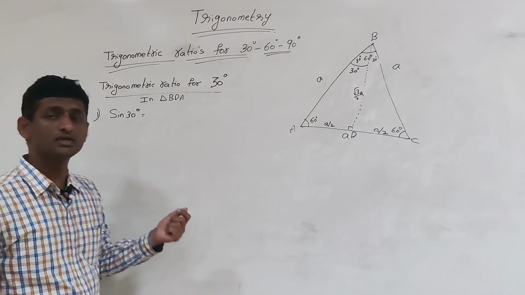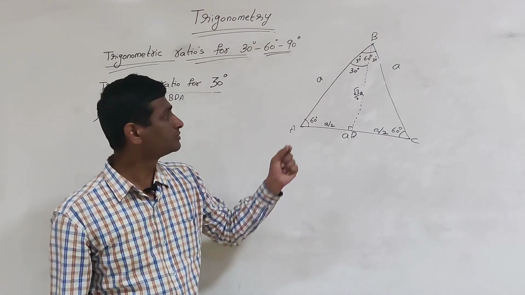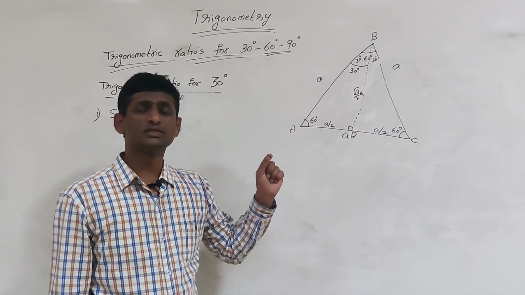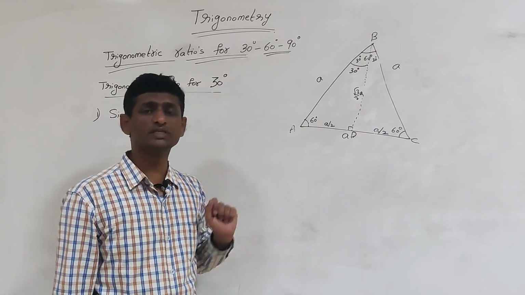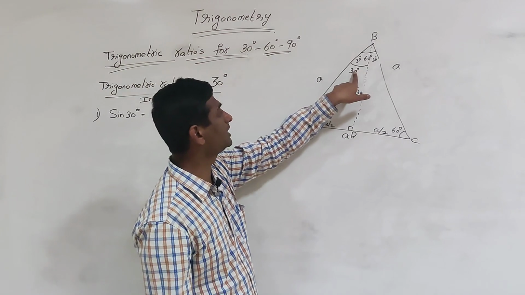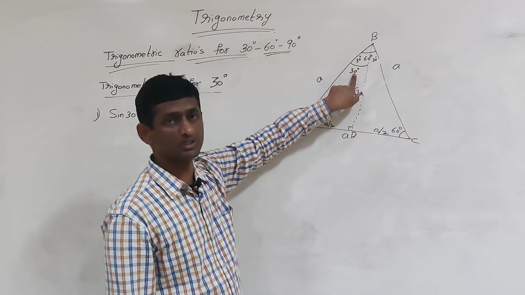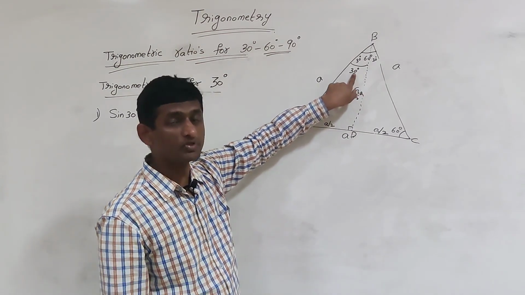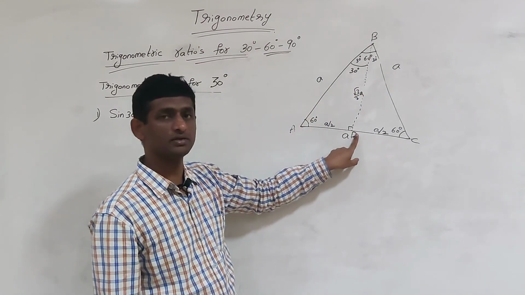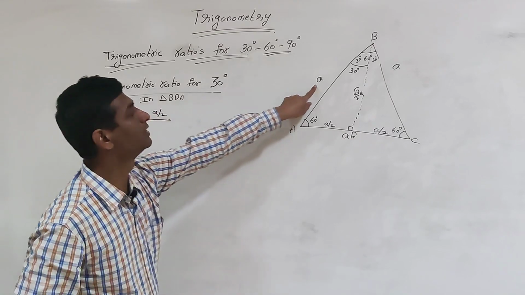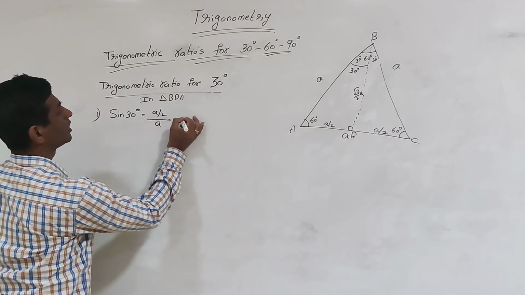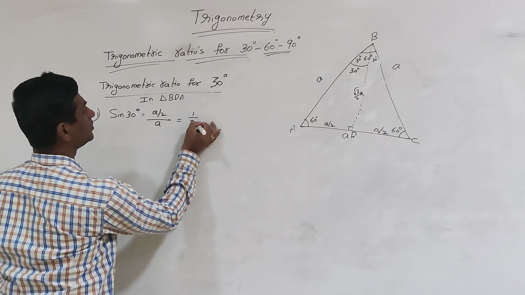What is sin 30 as per the standard basic notation? Sin theta is opposite side of theta by hypotenuse. But what is theta here? 30 degrees. The side opposite to angle theta is AD, that is a by 2. A by 2 by hypotenuse a. So a by 2 by a is 1 by 2.